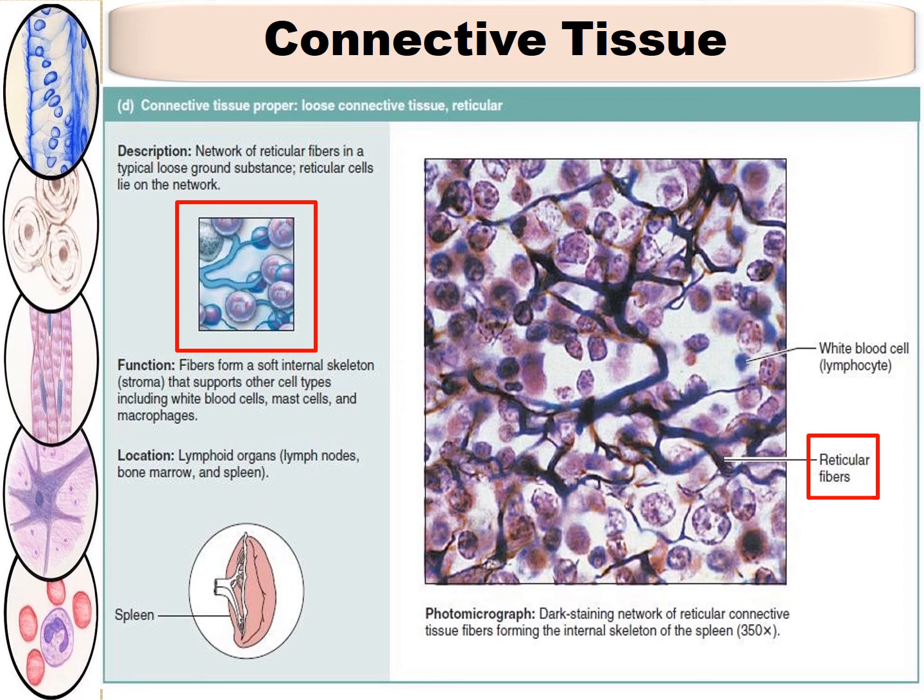This is located mainly in the lymphoid organs like lymph nodes, bone marrow and the spleen. Here in this photomicrograph we can see the dark staining network of reticular connective tissue fibers forming the internal skeleton of the spleen.